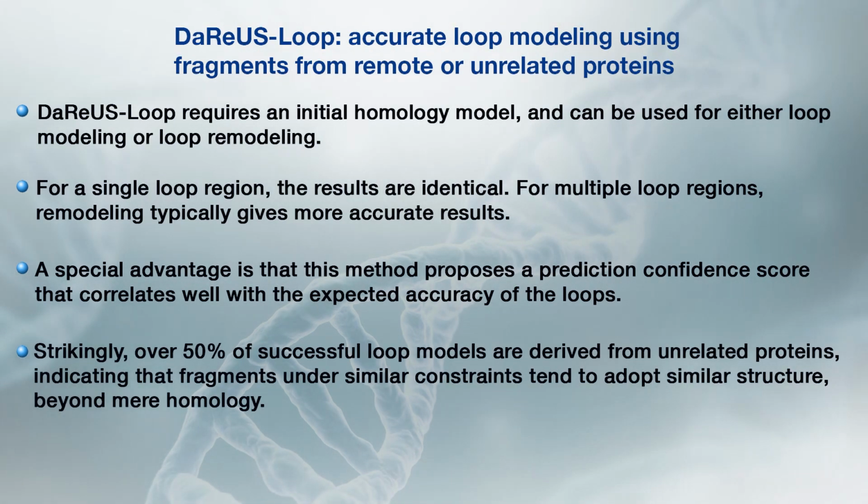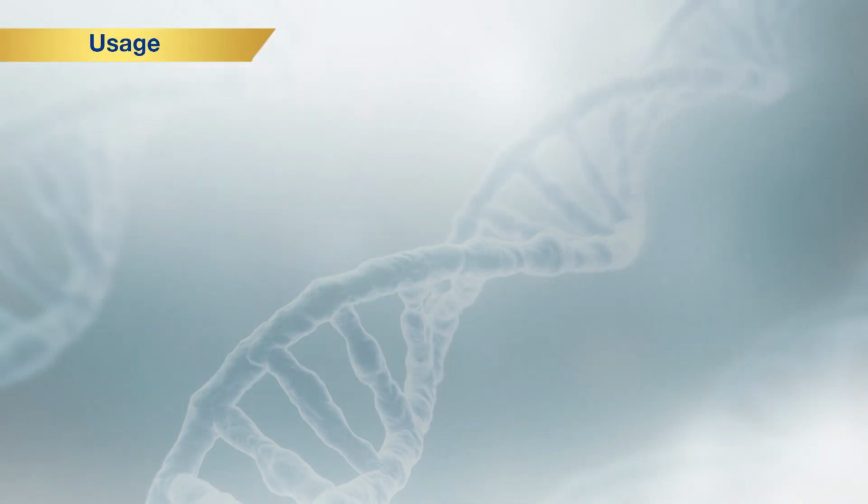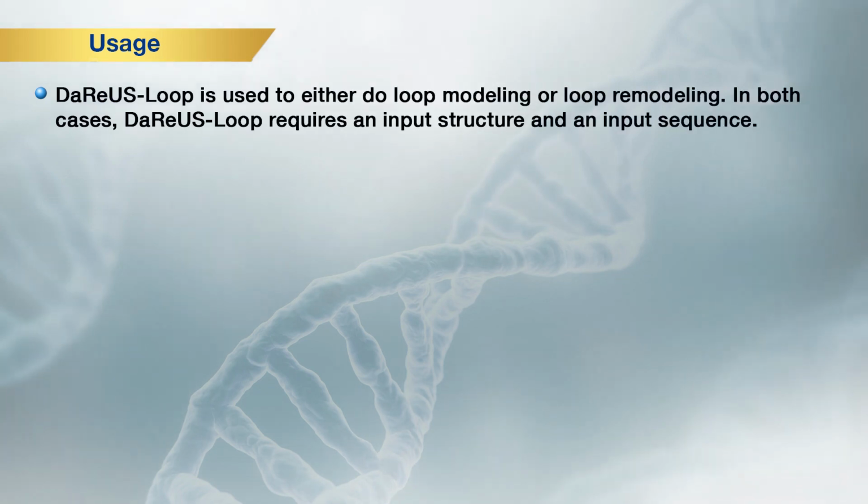Strikingly, over 50% of the successful loop models are derived from unrelated proteins, indicating that fragments under similar constraints tend to adopt similar structure beyond mere homology usage. This database is used to do either loop modeling or loop remodeling, as we studied before.